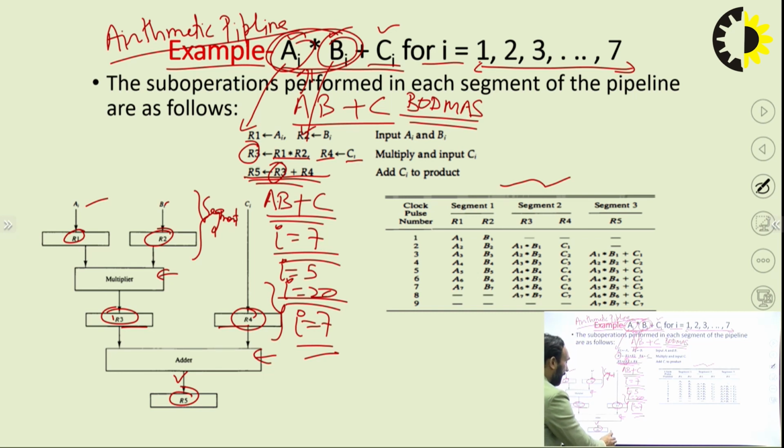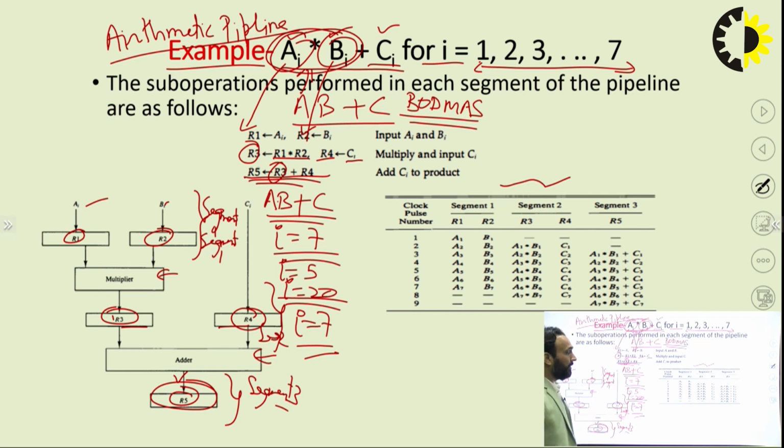We have R5 in the form of the final result. So we divide our equation in such a way that we can easily understand the segments at the same level. In segment 1, we have only 2 registers. Likewise, in segment 2 we have 2 registers, R3 and R4, and in segment 3 we have only register R5.